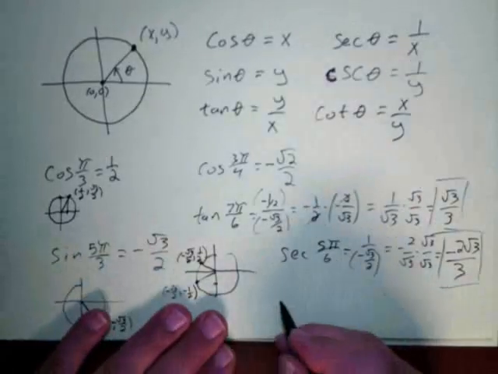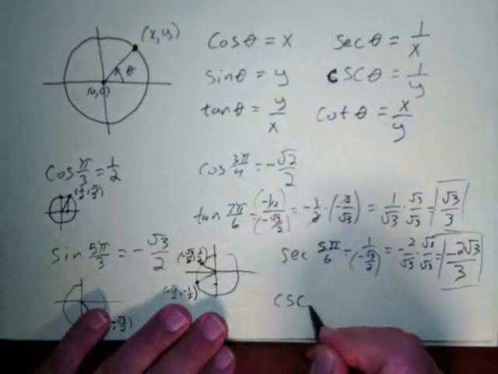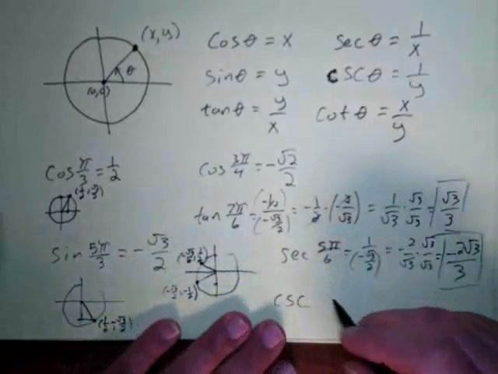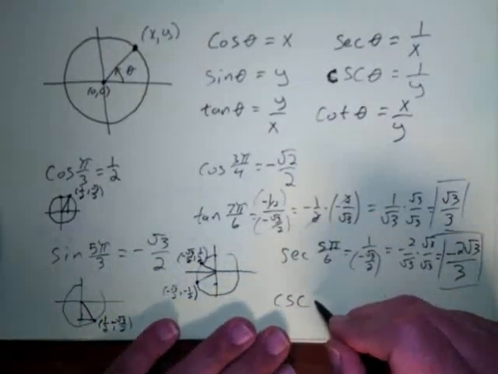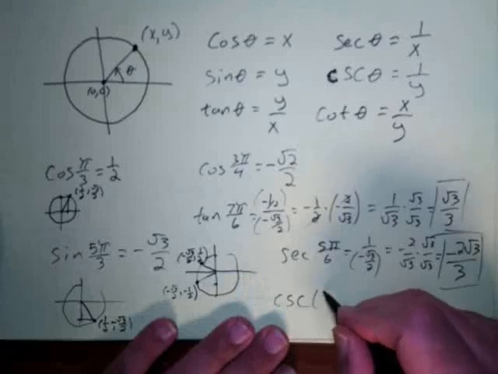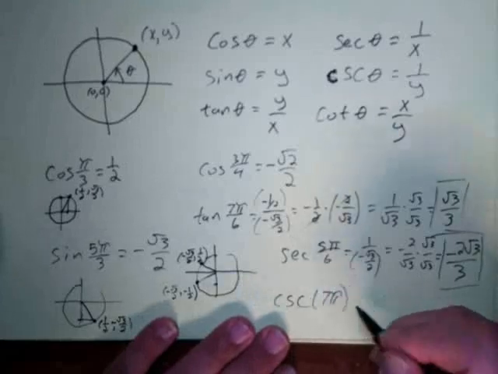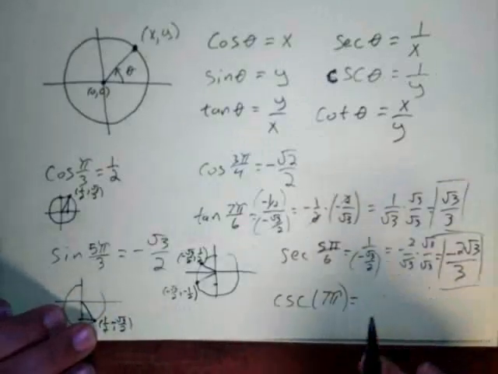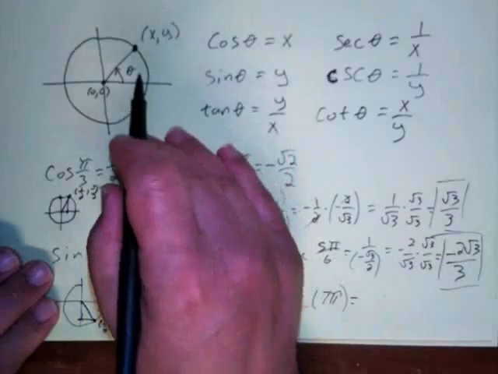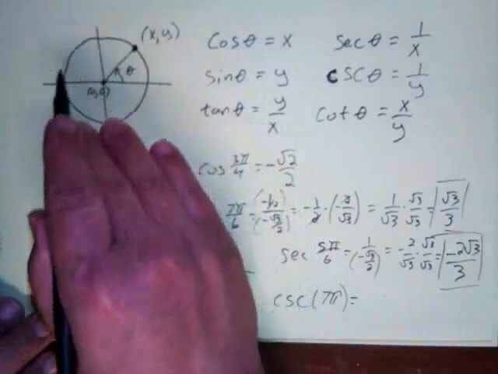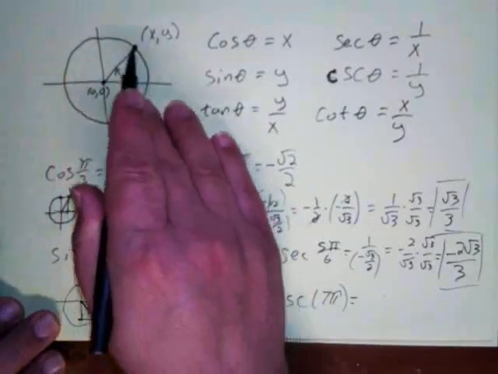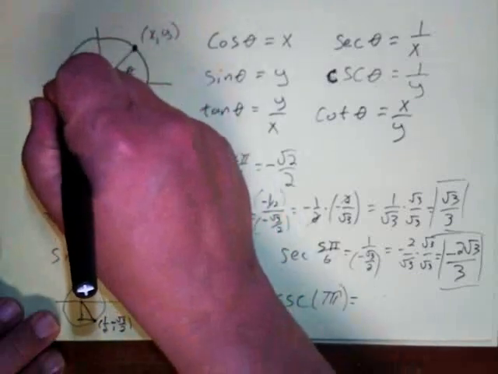And then let me try another one here. Let's say I have cosecant of 7 pi. Okay, well, 7 pi is multiple times around the circle. So here's 1 pi, 2 pi, 3 pi, 4 pi, 5 pi, 6 pi, 7 pi is over here.